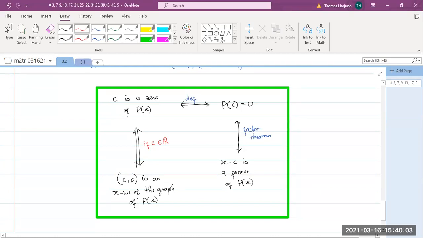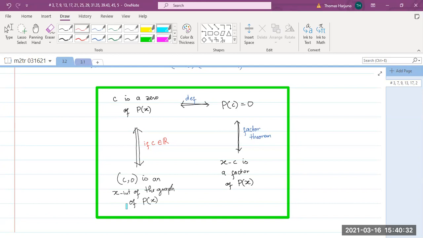So it's like you say one thing, and it means three different things. They come together. If C is a zero, then P(C) equals 0, then x minus c is a factor of that polynomial. And you will see one way for us to graph P(x) later on, and therefore we need to find the x-intercept.